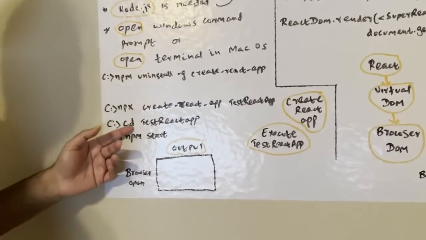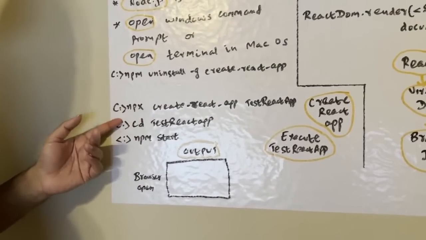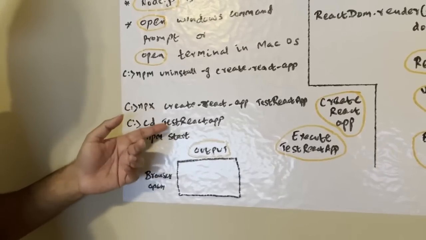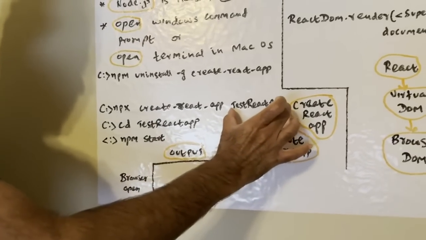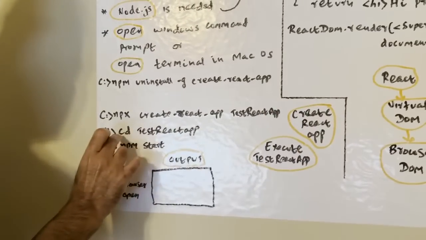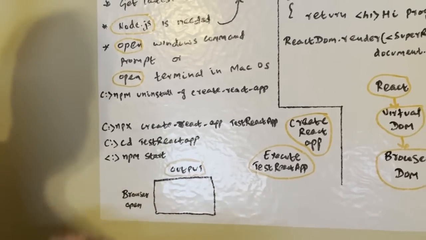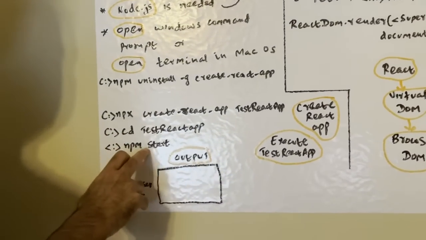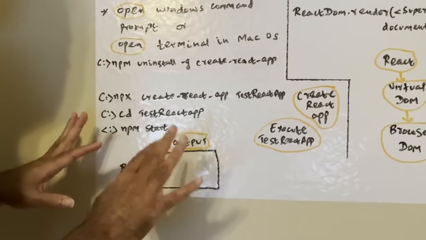Then we want to change directory. cd is the change directory command in the Windows DOS environment, and it's the same in Unix. Test React app: I put the name of the app I created, and change directory to that one so that I can access the files. Then I say npm start. The output you're going to see is that you're in React mode.